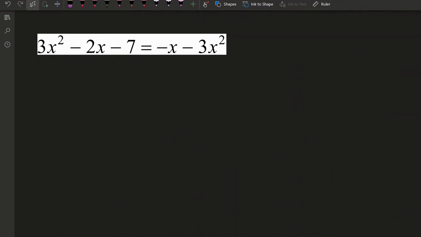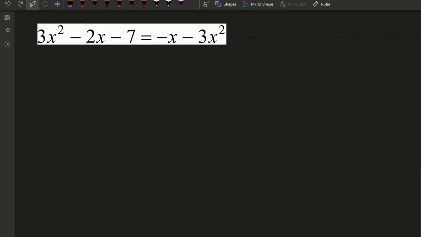Okay, now this one right here is kind of the tip of the top, because now not only are we going to have a leading coefficient, but we need to adjust the equation to get it back into standard form first. So let's go ahead and make this one equal 0.